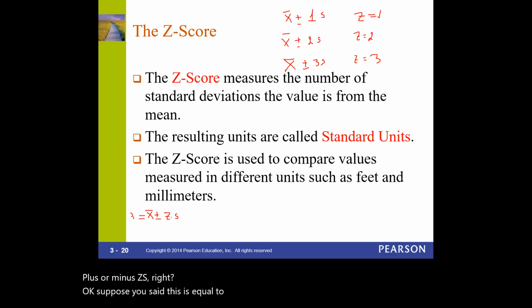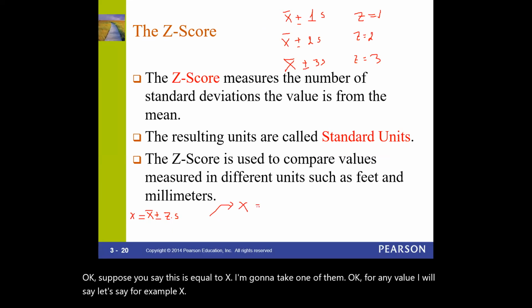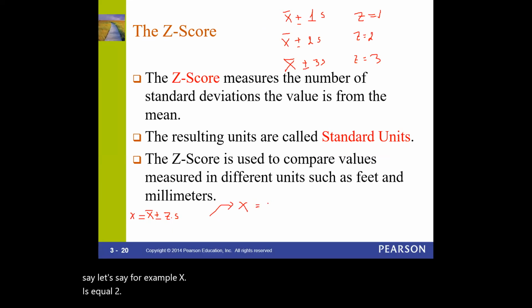I'm going to take one of them, for any value. Let's say x is equal to x bar plus z times s. Now I can solve for z.